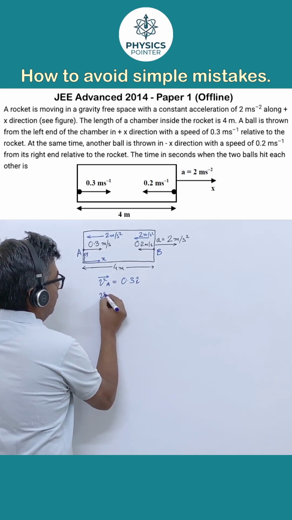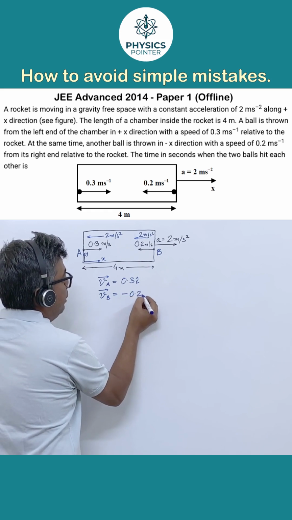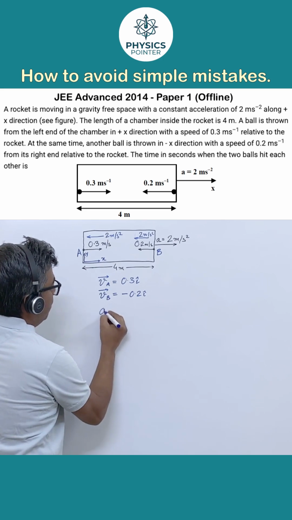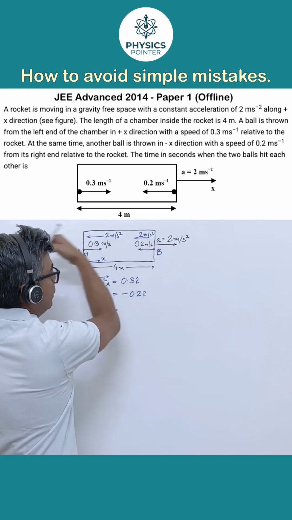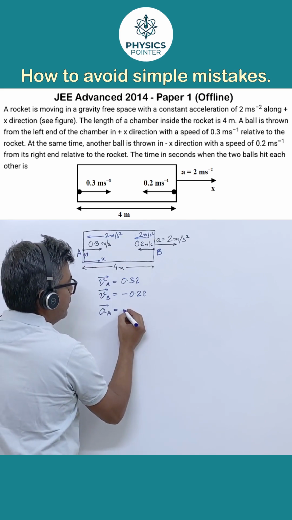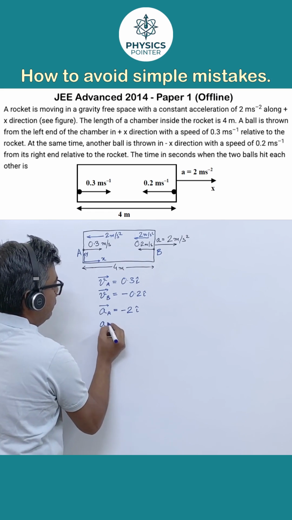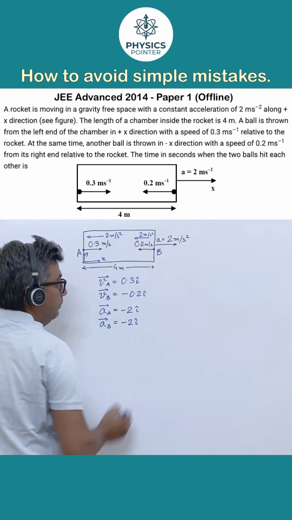What about B? B is minus 0.2 i because it's going towards the negative x-axis. What about the acceleration of A? Both of them are going in the negative x-axis, so it will be minus 2i, and so will it be for particle B, which is minus 2i.